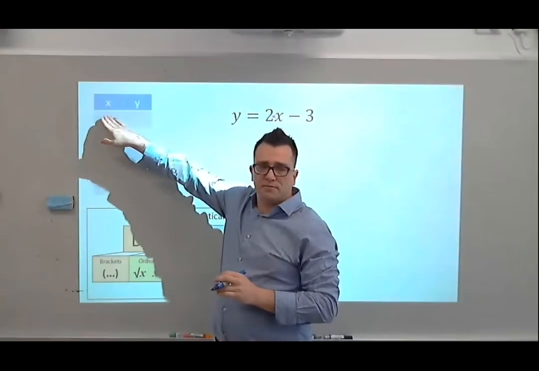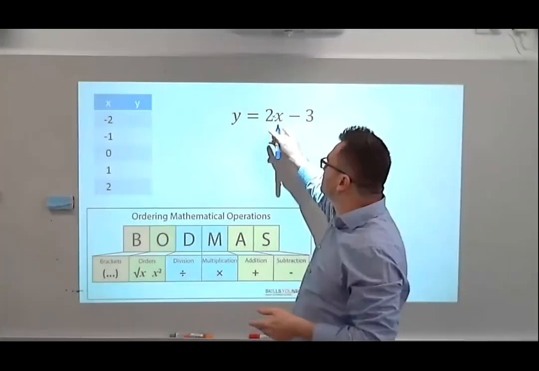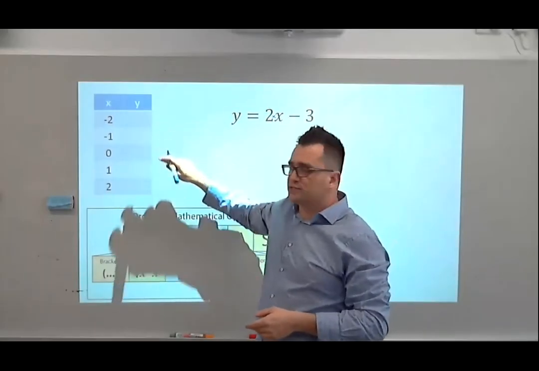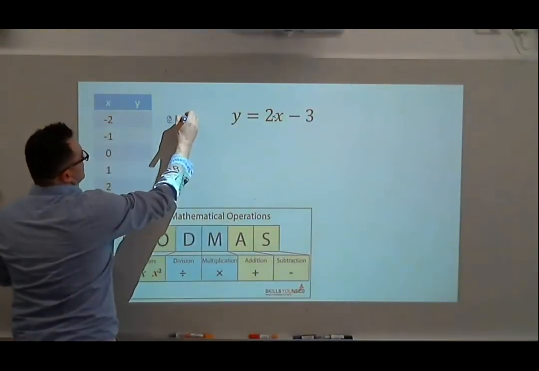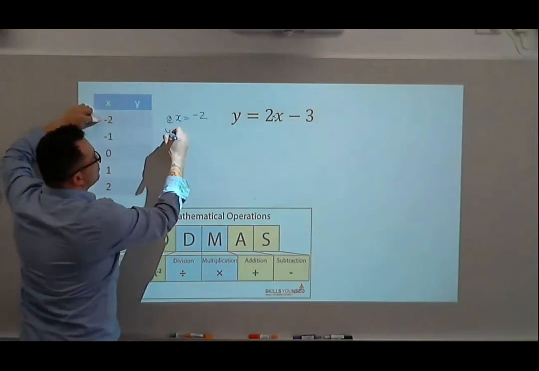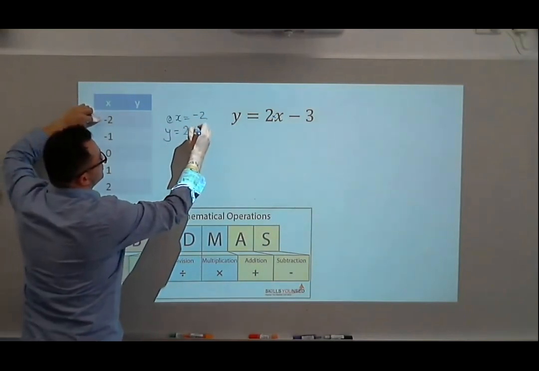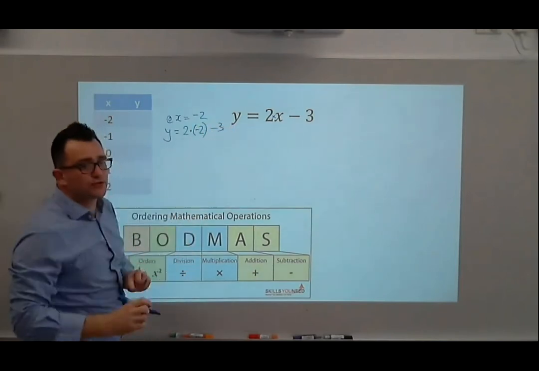So I've decided to go from -2 through to 2. We substitute each of our x values in. So at x equals -2, y equals 2 times -2 minus 3.